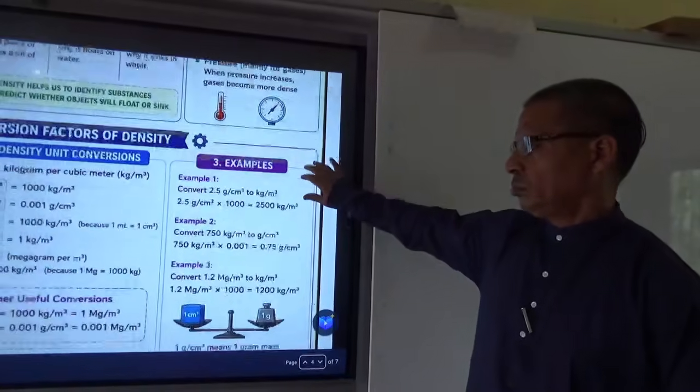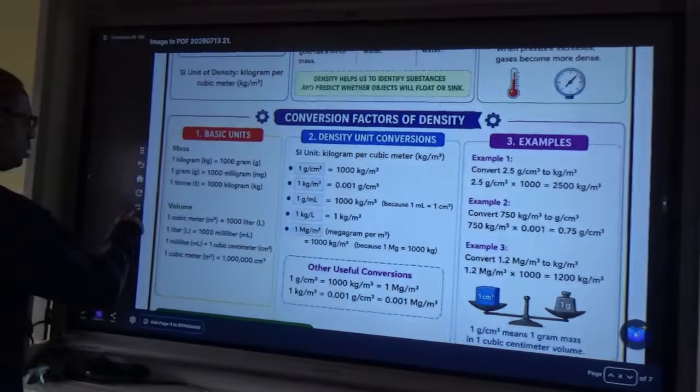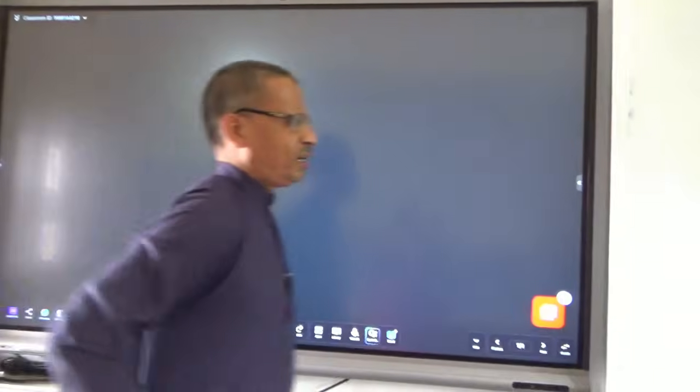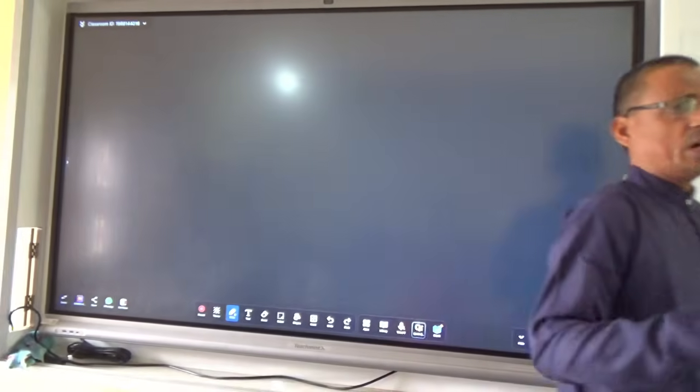And now, this is the formula. So we are trying now to make a numerical sum.